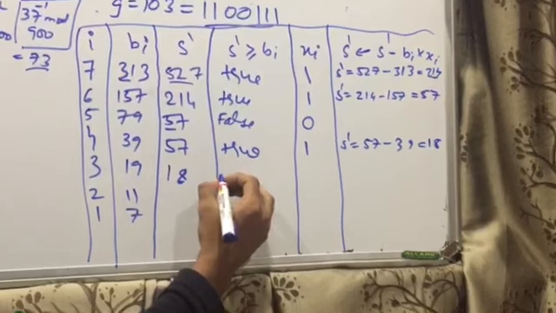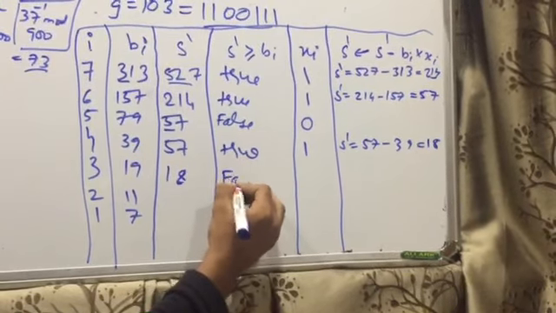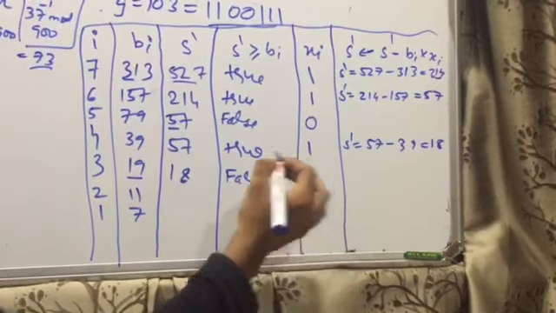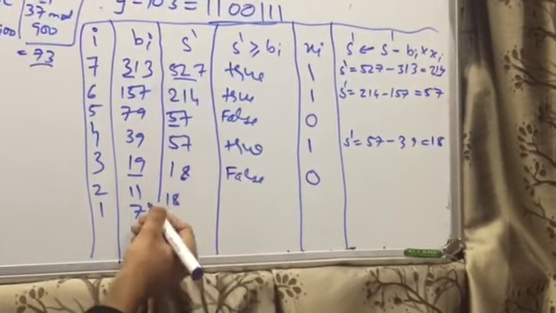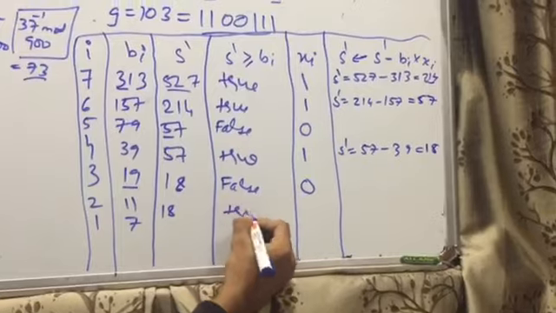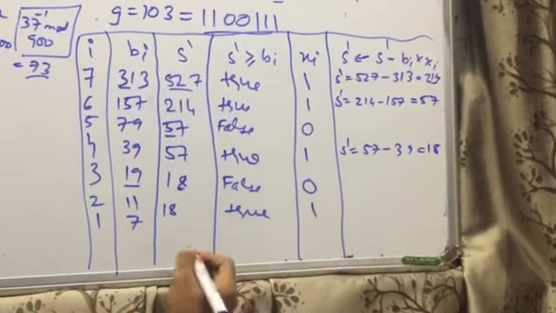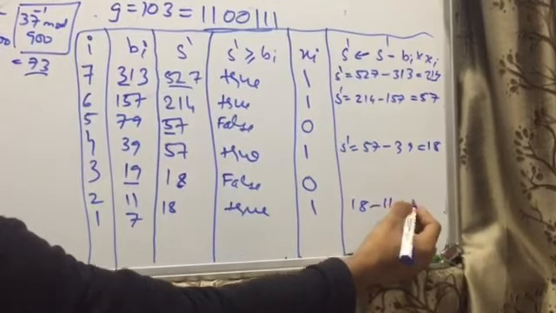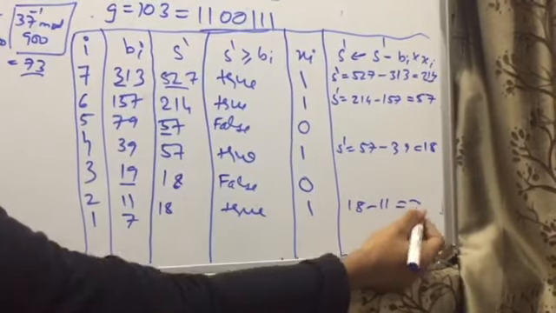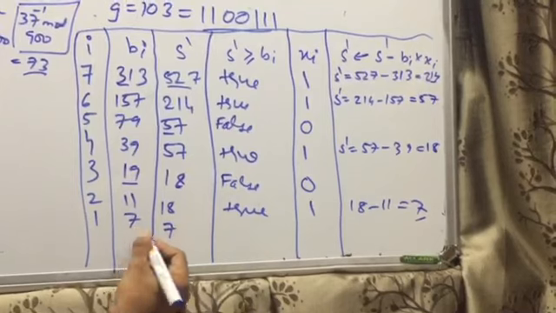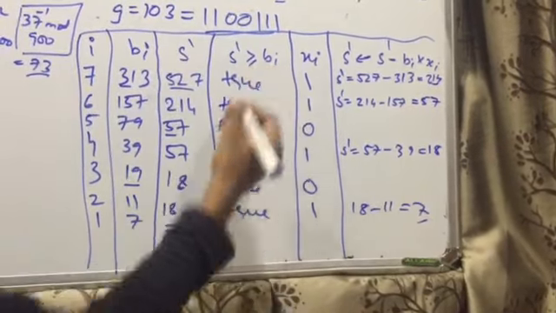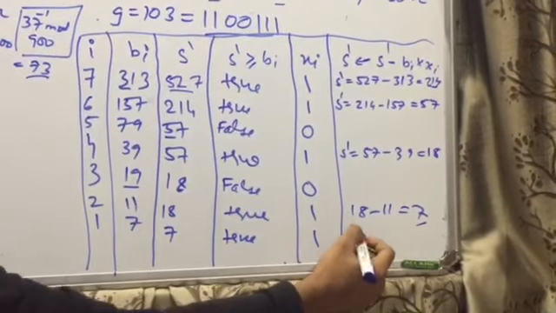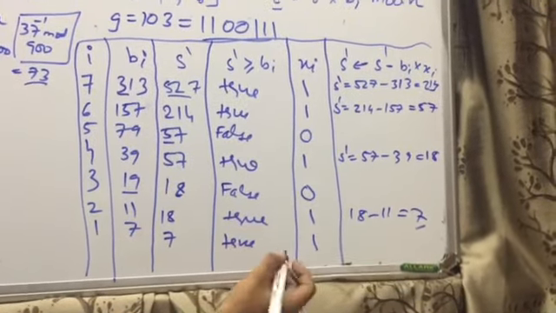So this value is false because BI is greater over here, so 0, 18. This one is true, so keep 1 over here, and 18 minus 11 will be 7. So copy this S dash over here, 7. 7 minus 7, both are equal, so you have to again write true over here. So this will be 1, and nothing over here.